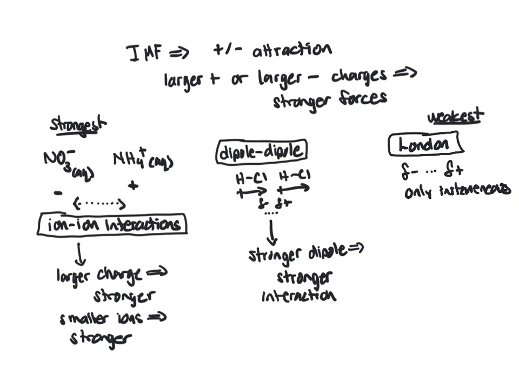And then when we have London forces, here what matters is how tightly held the electrons are to the nucleus and how many electrons there are that can be moved around in that molecule. So larger molecules have more electrons that are less tightly held to the nucleus.